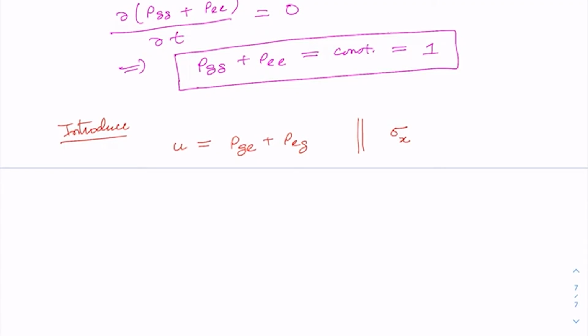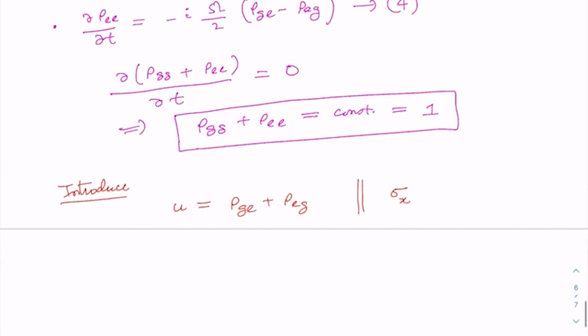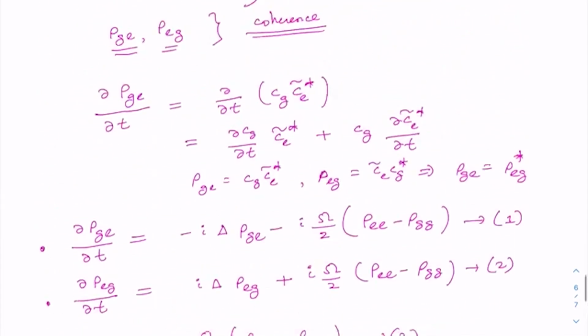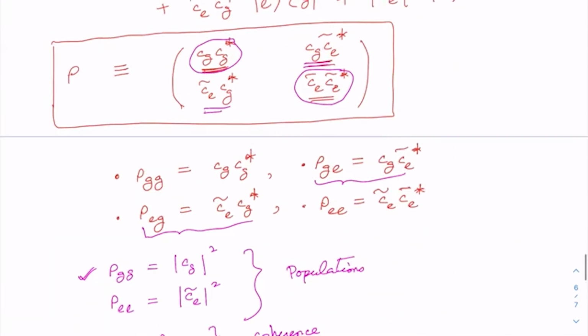Sigma x is equal to 0 1, 1 0, and if you look at rho ze and rho ez, those are basically the off diagonal elements. So here it is, you have rho zz, rho ze, rho ez, rho ee.